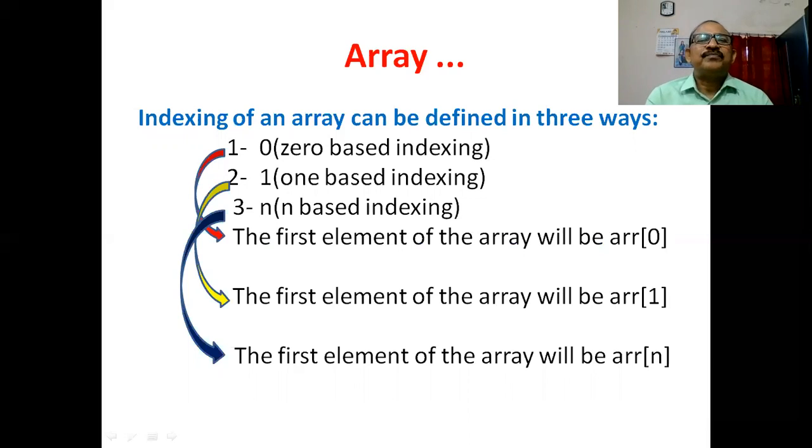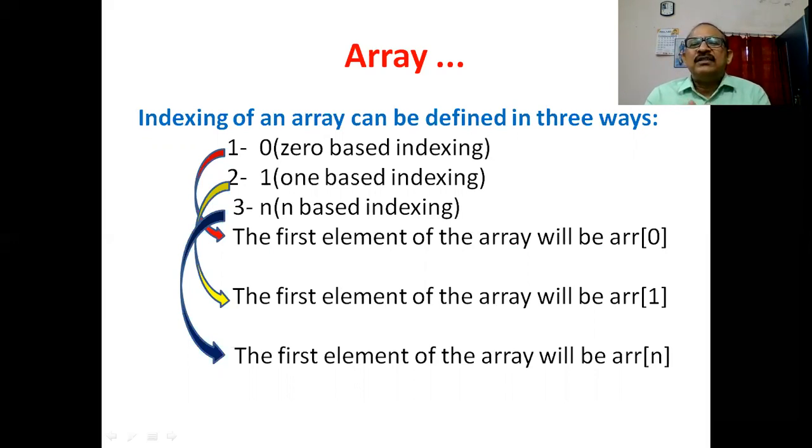Now, the indexing of an array can be defined in three ways. Zero-based indexing, which in the C language we always use. Next is one-based indexing, and next is n-based indexing. In zero-based indexing, the first element of the array will be array[0].